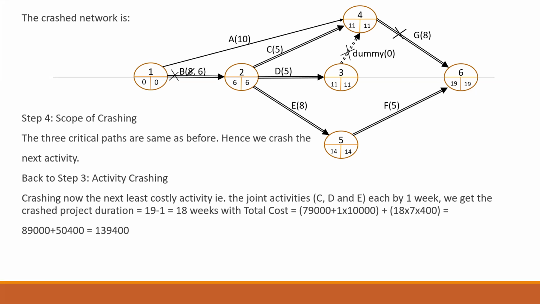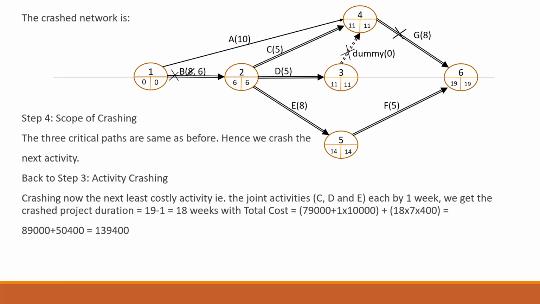So you can stop the crashing activities now, because if I do it further, my overall cost will keep on increasing, and I don't want that to happen, because the main intention is to reduce the cost and not just reduce the duration.